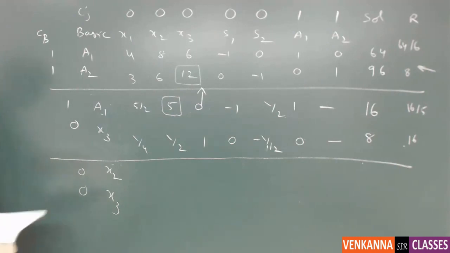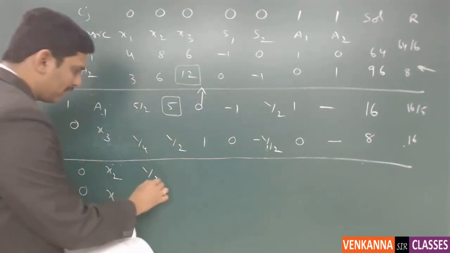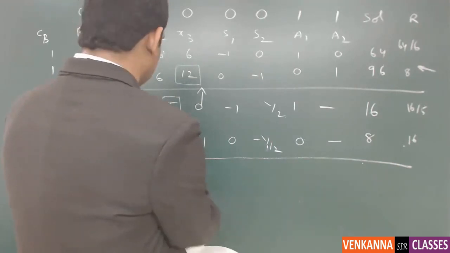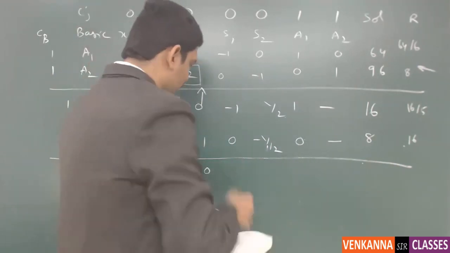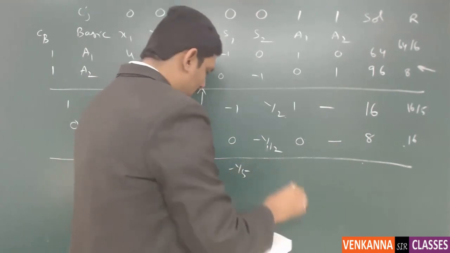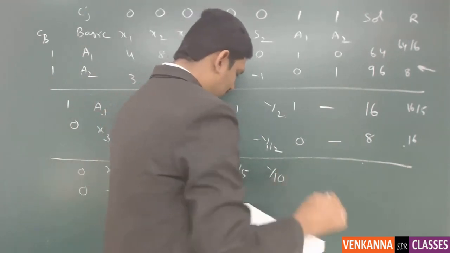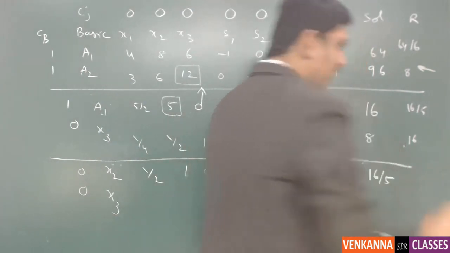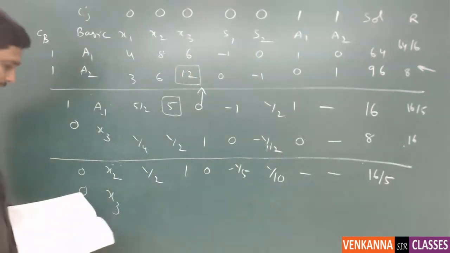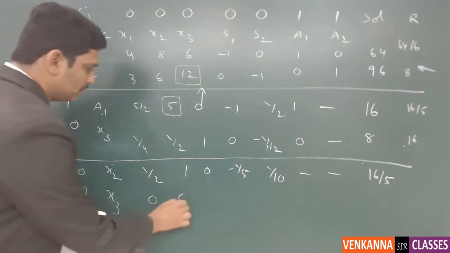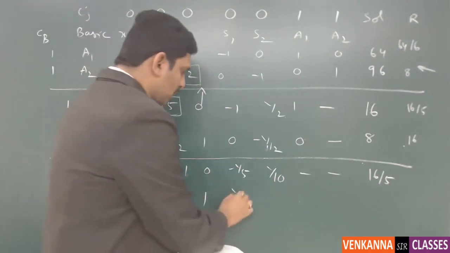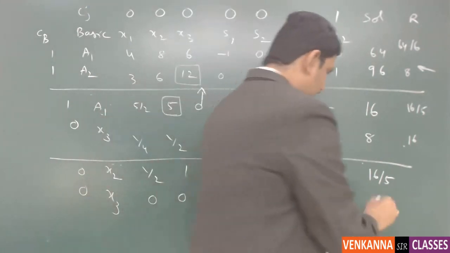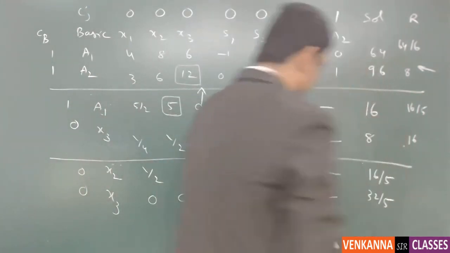Right. The thing is 1 by 2, 1. I will write, yes, 1 by 2, 1, 0, minus 1 by 5, 1 by 10, 16 by 5, and then 0, 0, 1, 1 by 10, minus 2 by 15, 32 by 5.